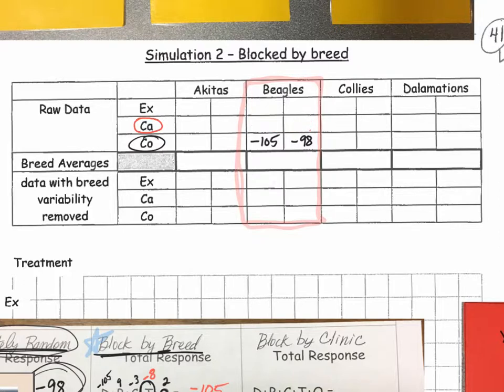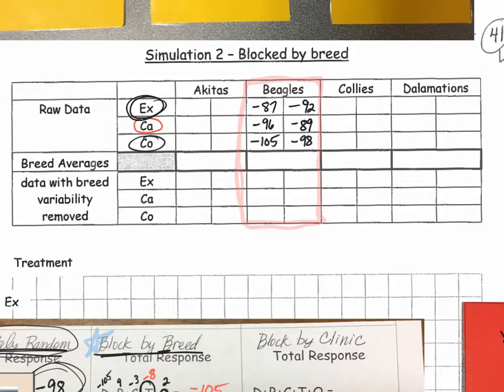Let me change that up a little bit. Sorry, those were the wrong numbers. So let's do this one: -96 and -89. And then my Beagles, for this treatment, exercise and calcium, were -87 and -92.